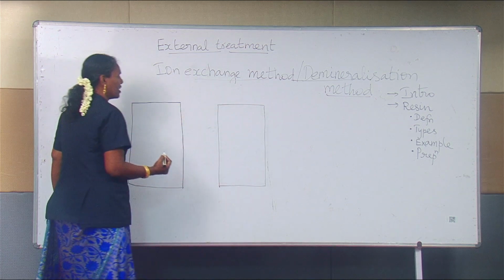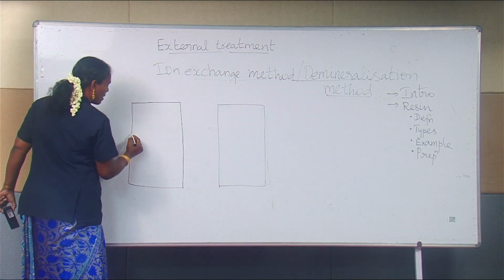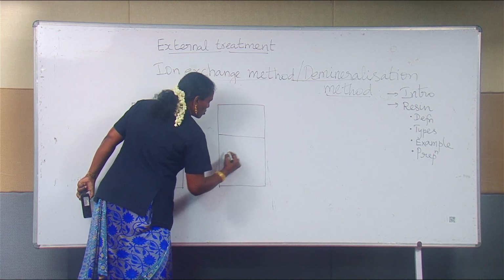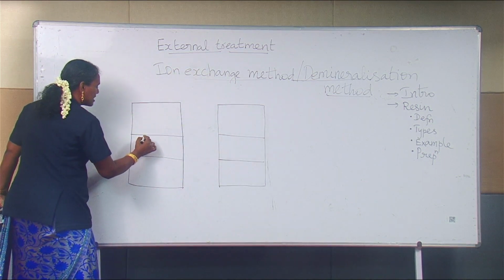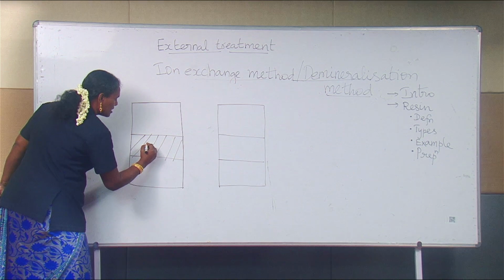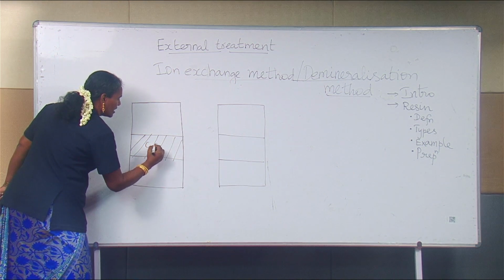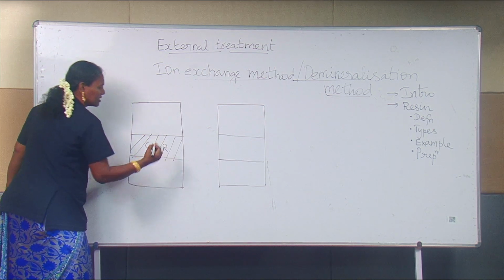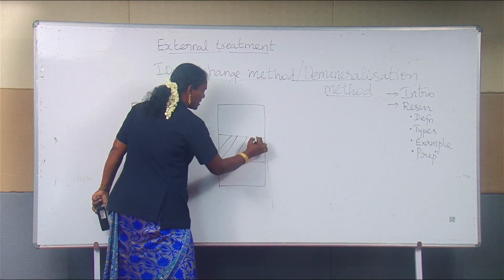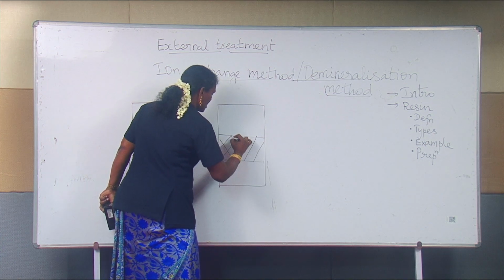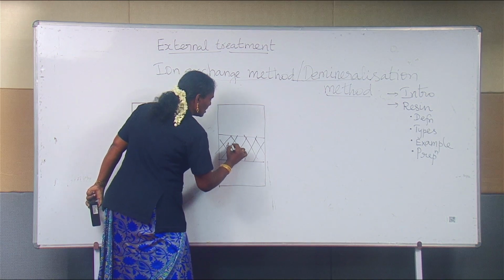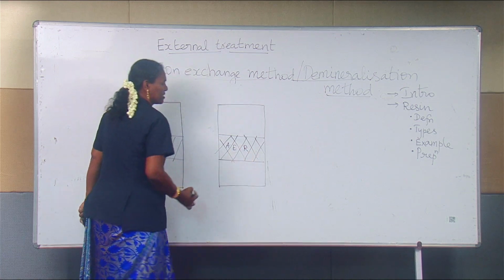One is the cation exchange bed, another one is the anion exchange bed. To differentiate, I am putting a single line here. So this is the cation exchange resin bed, and this is the anion exchange resin bed.